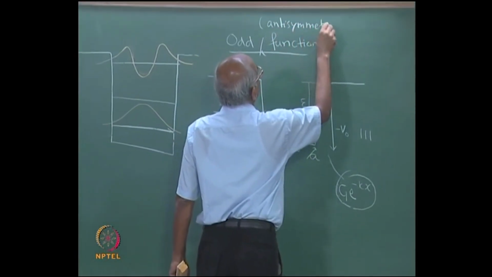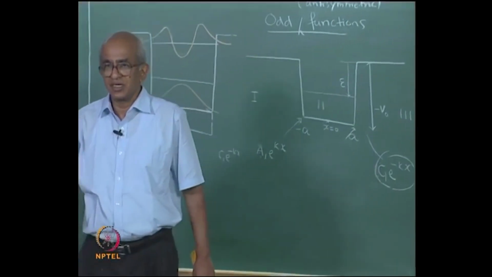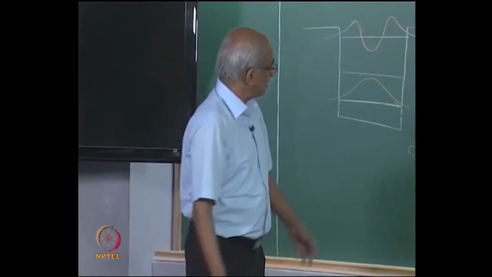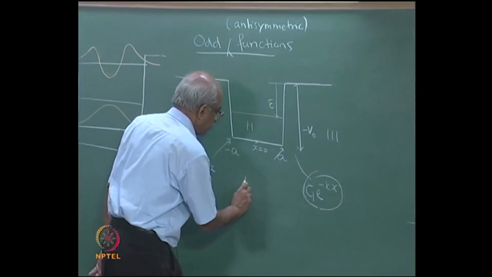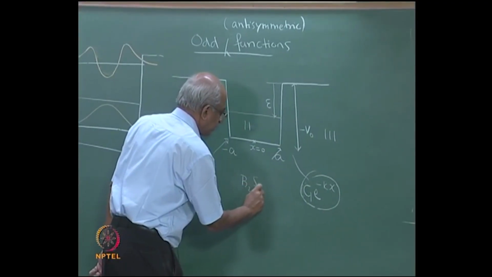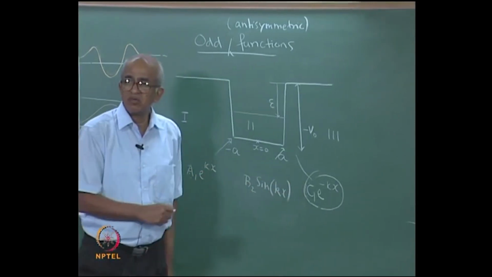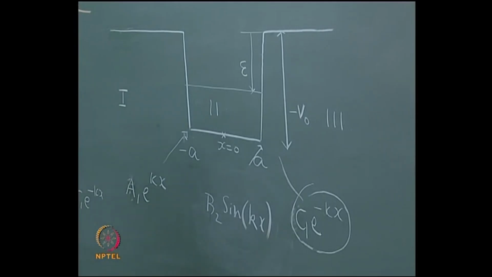It essentially means that if you replaced x with minus x, the wave function actually changes sign. So, right in the middle the function would have the form B2 sin kx. The cos kx term cannot be there because your wave function is antisymmetric. If you replace x with minus x, the function has to change sign.